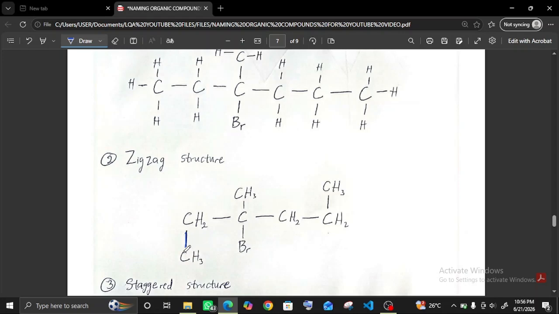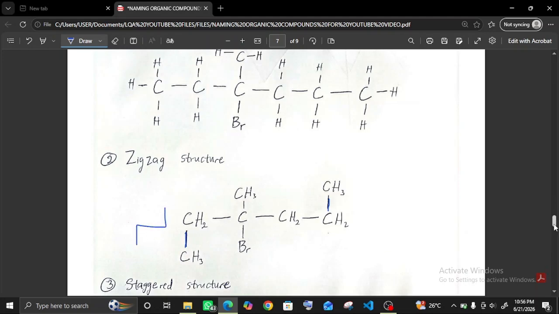You can see that here, even though it's a long continuous carbon chain, we still bring one CH3 here, one CH3 here. This is the same as this, just that now it's zigzag like this.